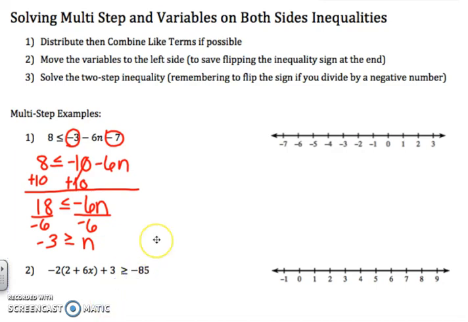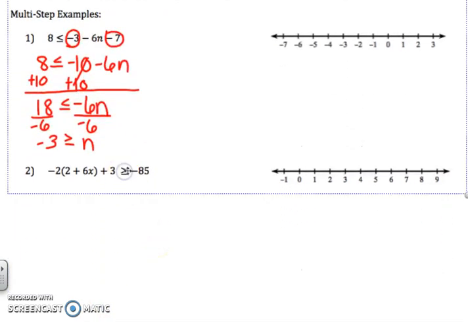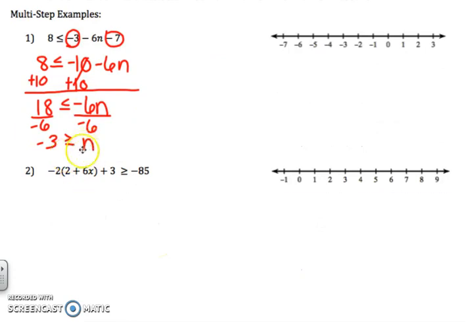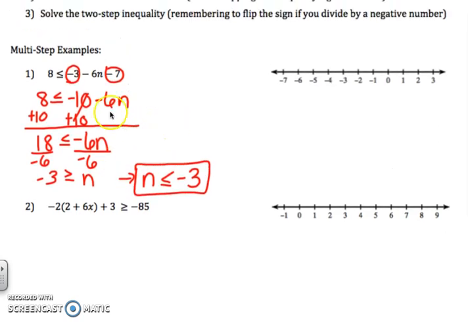Okay. Once again, I can't graph this yet because my variable's on the right side. So I am going to flip this whole thing around and write n and -3. And then that inequality sign was eating that -3 or opening up to it. So I need to flip that as well. So my final answer would be n is less than or equal to -3.